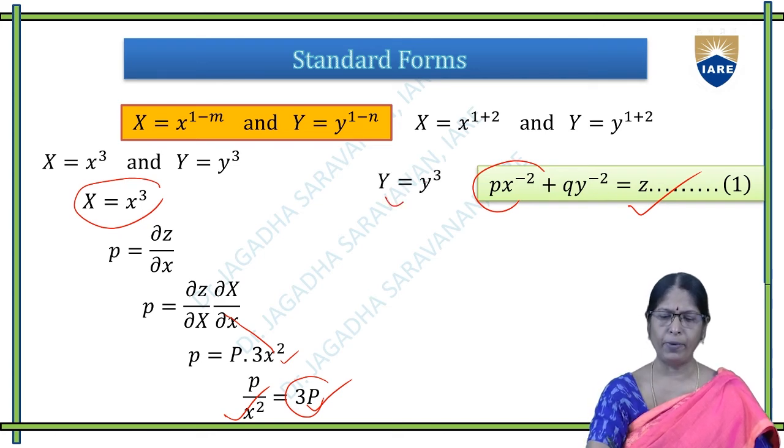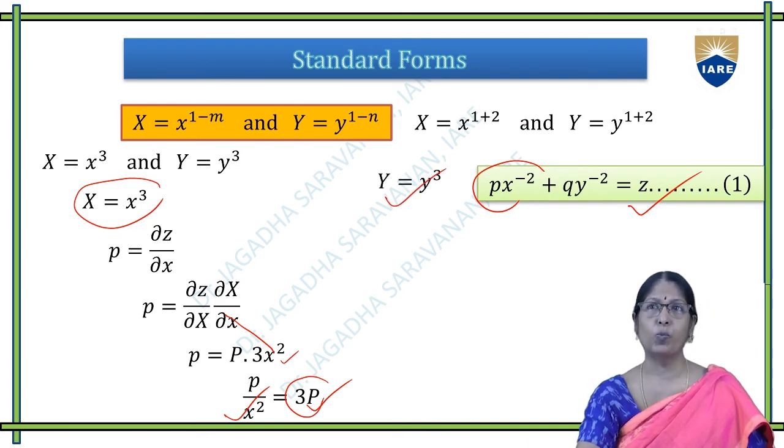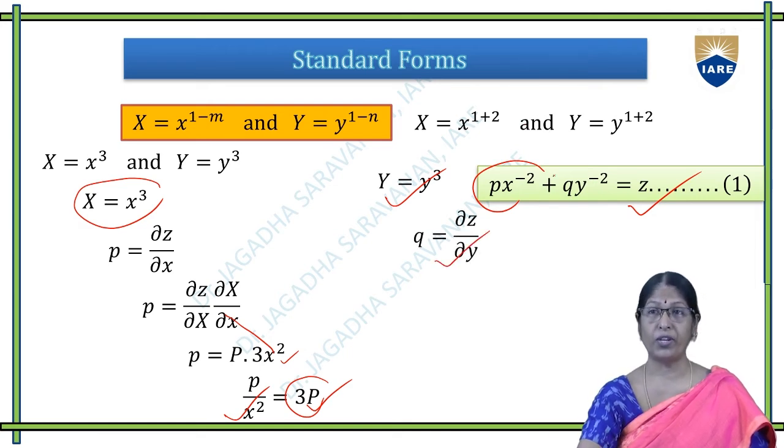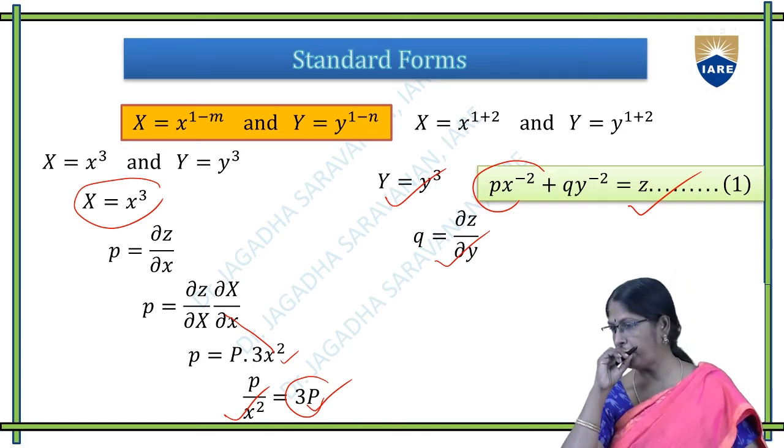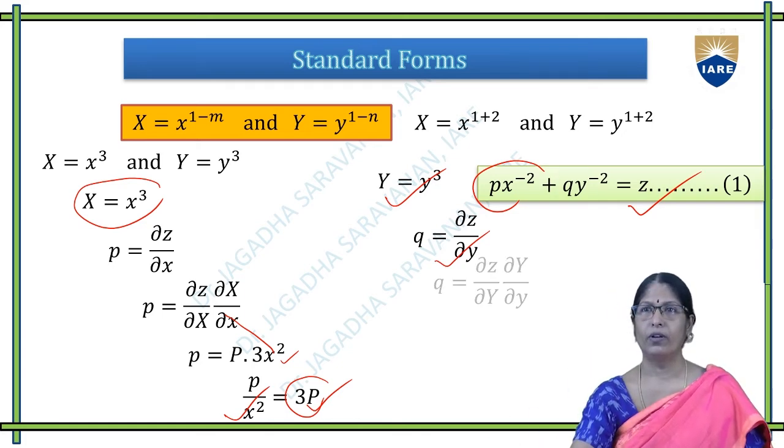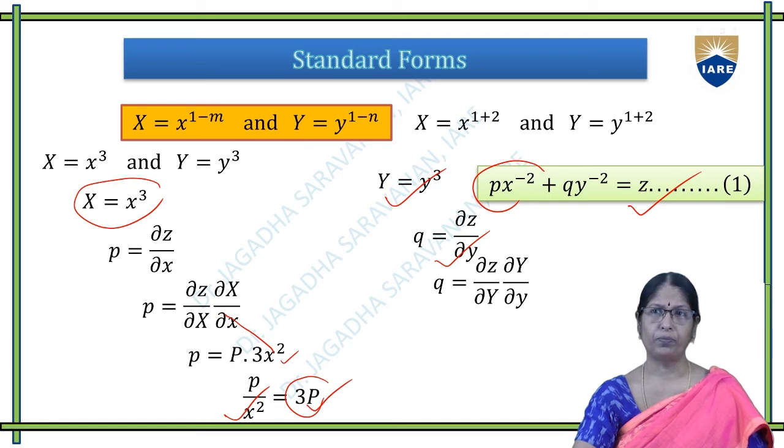Now our capital Y is nothing but small y cube. So small q, the notation is dou z by dou y. So we are going to introduce capital Y. That is dou z by dou capital Y, dou capital Y by dou small y.